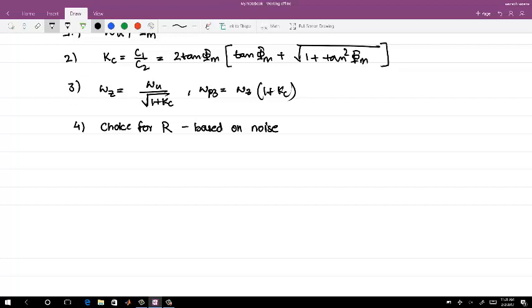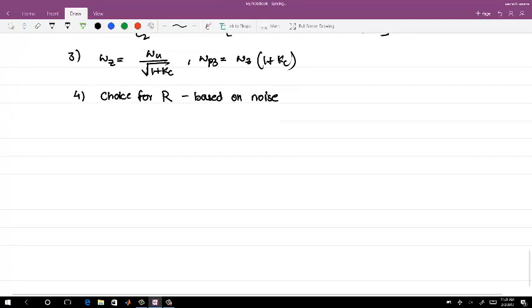It's like this: you start with a certain omega u and phase margin, you see what the final resultant noise is, then you vary omega u. Let me show you once I complete this how omega u and phi m come. We will deal with the noise later. So the choice for R is based on noise. Once you know R, omega z equals 1 by RC1.